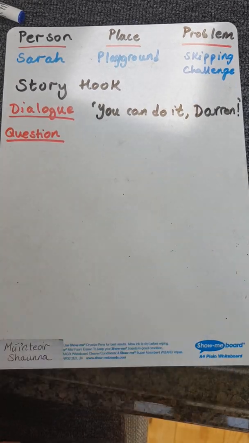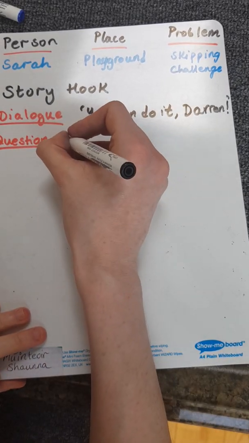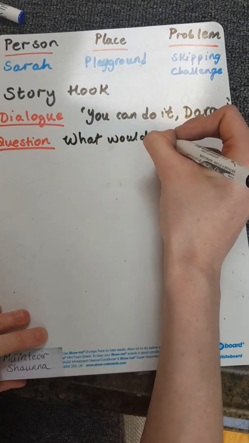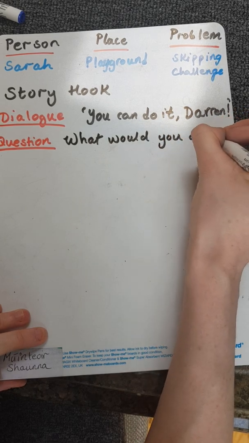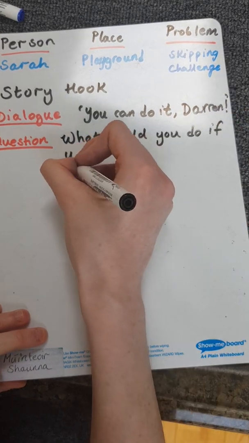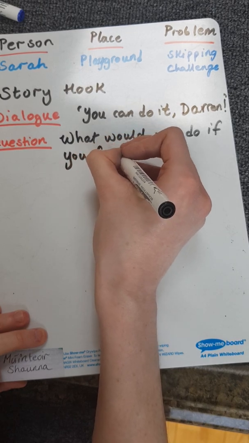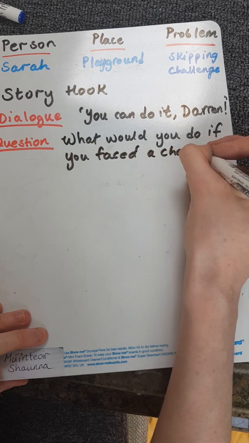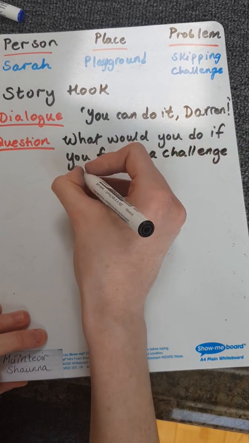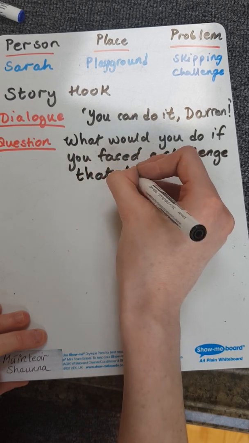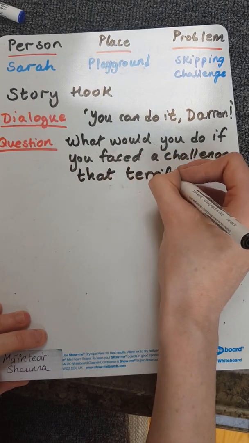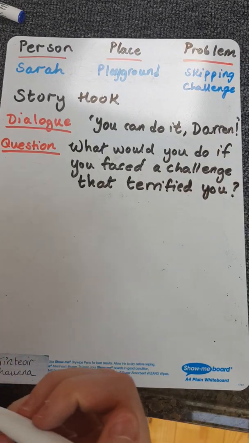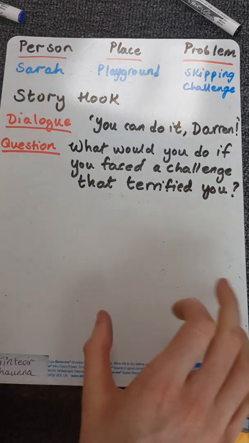So my question might be, what would you do if you faced a challenge that terrified you? Okay, what would you do if you faced a challenge that terrified you?